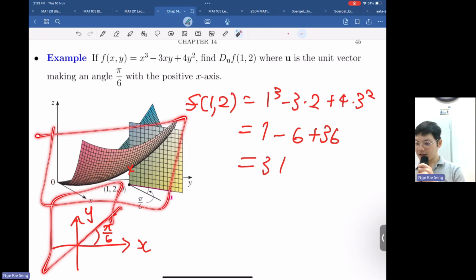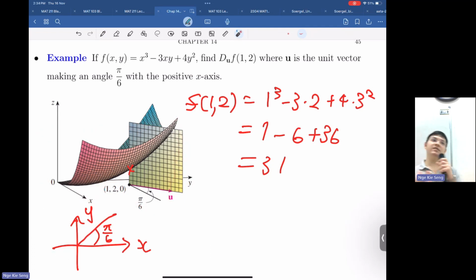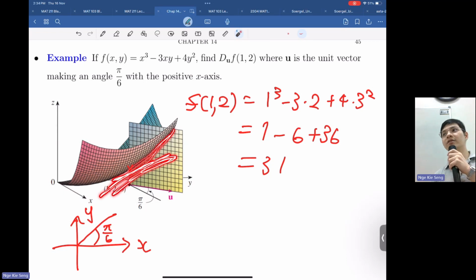The intersection of these two, orthogonal to each other, gives a curve. Once I get this curve, I want to ask about the tangent line, which is the directional derivative.